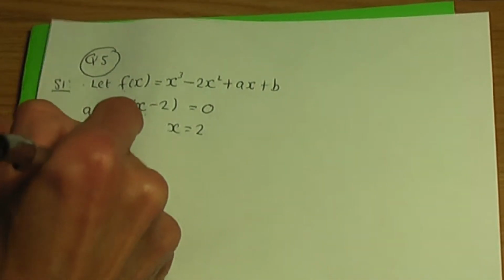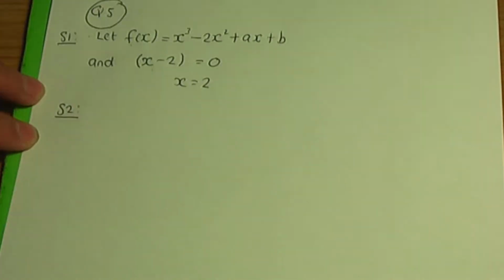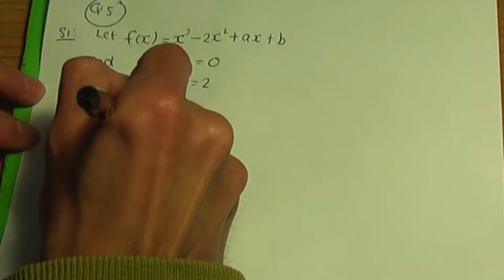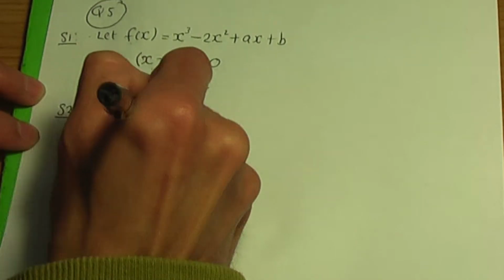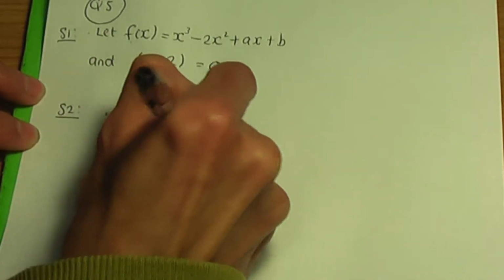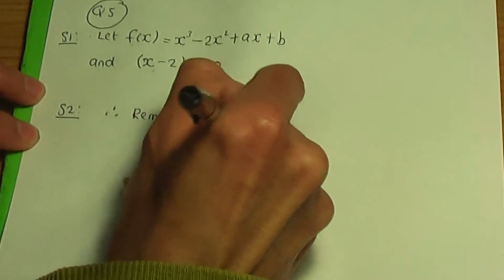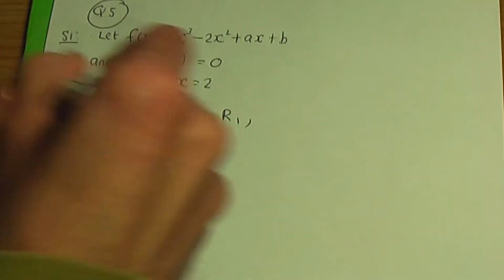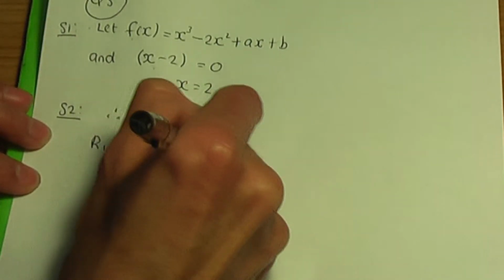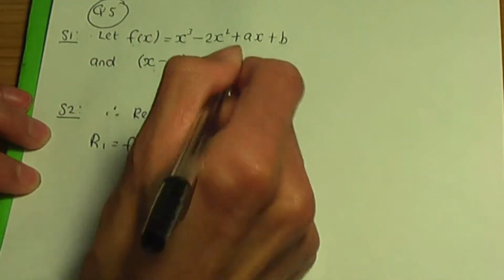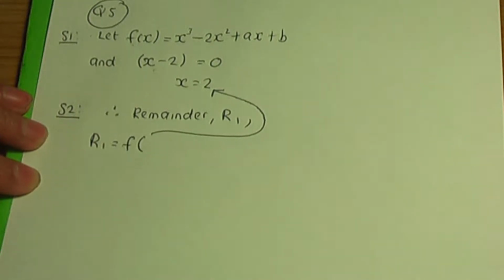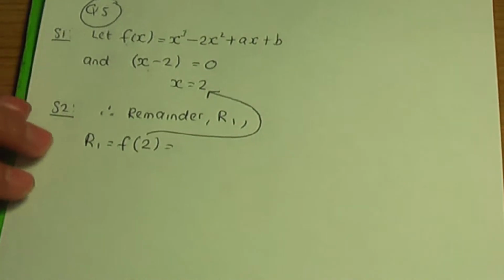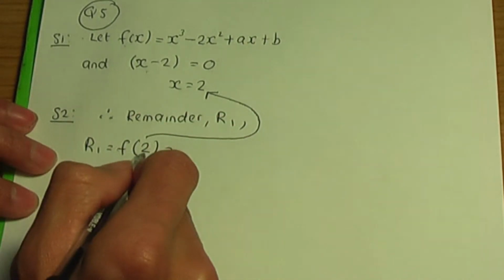Now that takes us to the last step, step number 2. Now I'm going to call this remainder R1. So therefore the remainder R1, to work out R1 is f of whatever value of x you have over here as a result of step 1. So we need to work out f of 2. Now to work out f of 2 is straightforward.